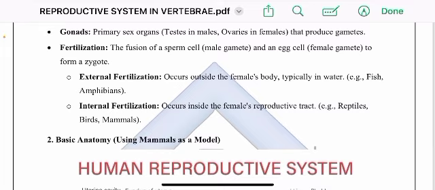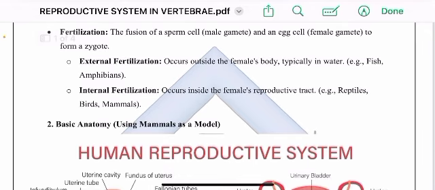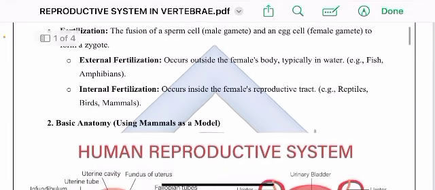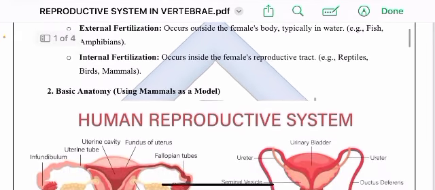Amphibians, we know, are the toads and the frogs. Another one is internal fertilization, whereby this occurs inside the female reproductive tract. Examples are the reptiles, the birds, and the mammals. As we go on, we'll know more about this.